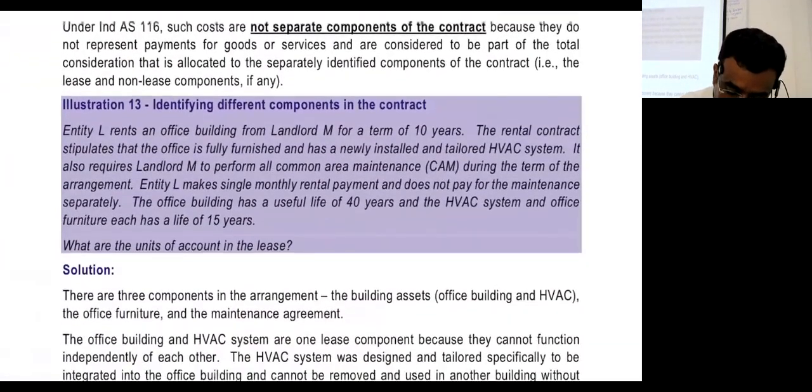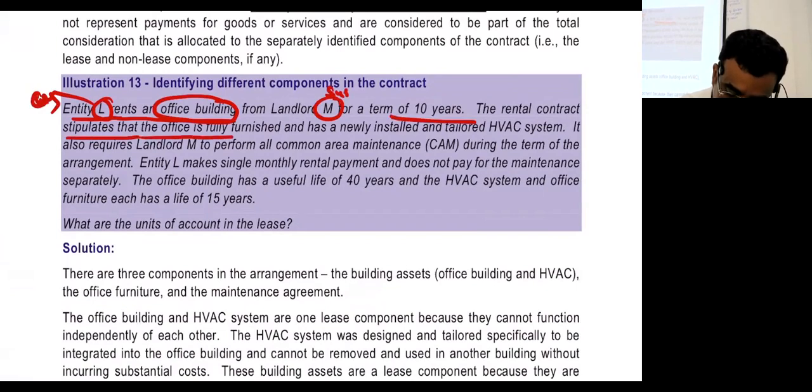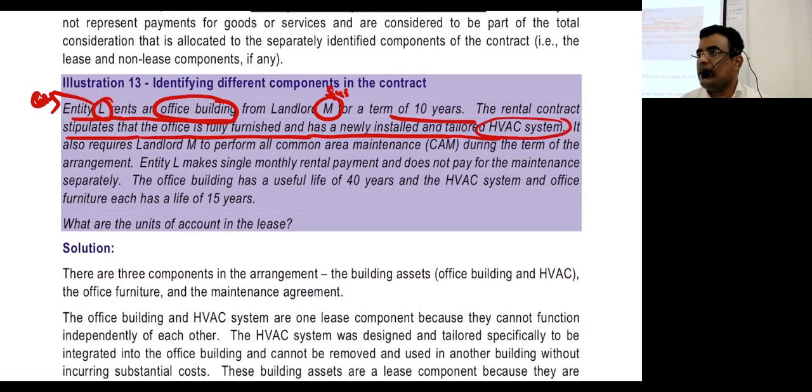Entity L rents an office building. The underlying asset: L is the customer, M is the supplier. Yes or no? The rental contract stipulates that the office is fully furnished and newly installed, with an HVAC system, and maybe some other technical IT systems.